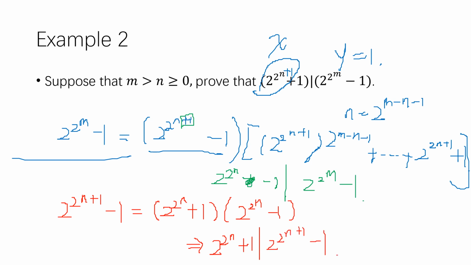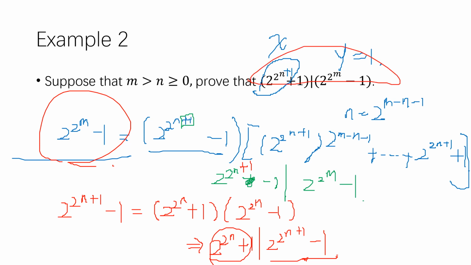This number is divisible by this. And this number, yeah. Oh, I forgot to plus 1 here. This number is divisible by here. So we have just proved the initial conclusion.